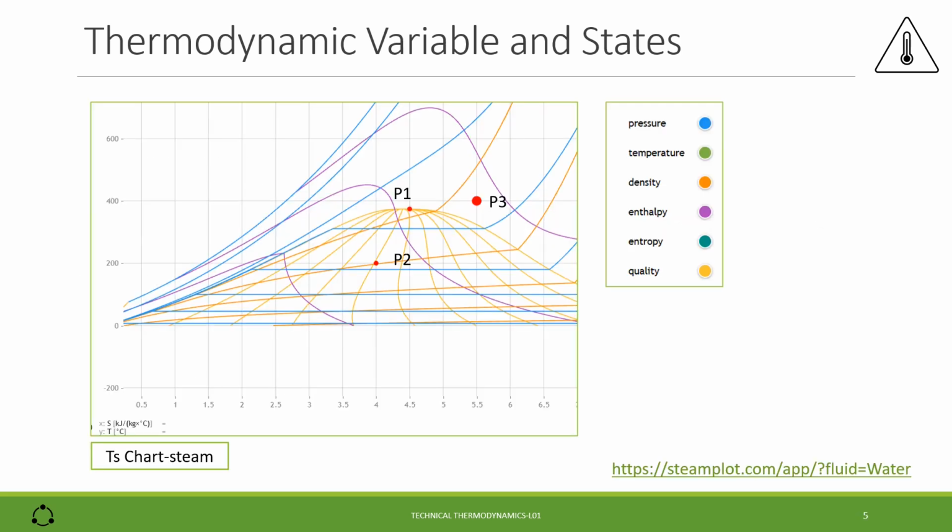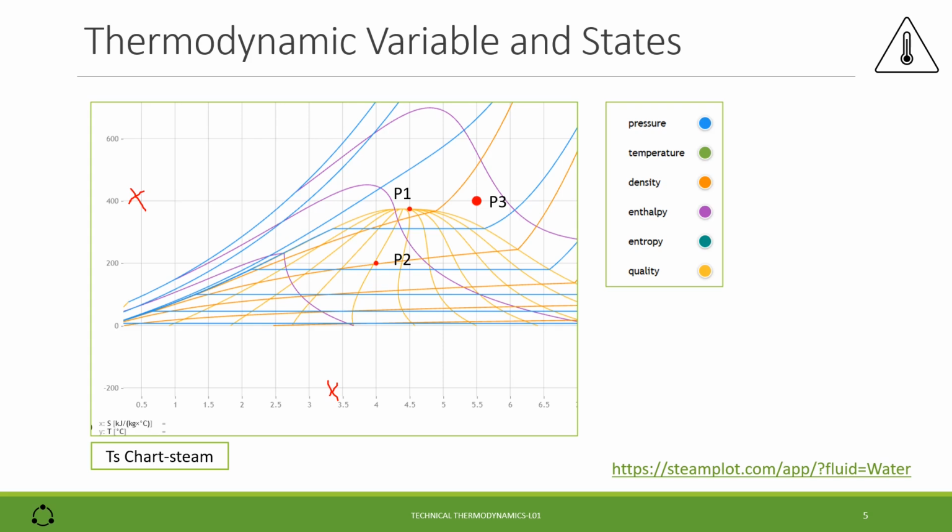By using the tool steam plot introduced in the starting presentation, we may represent the three states chosen. We do it using two different charts. The first one is the TS chart represented in this slide. The vertical axis is the temperature in Celsius, while the horizontal axis is the entropy in kilojoule per kilogram per Celsius.